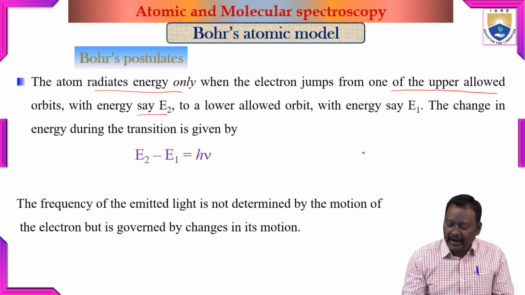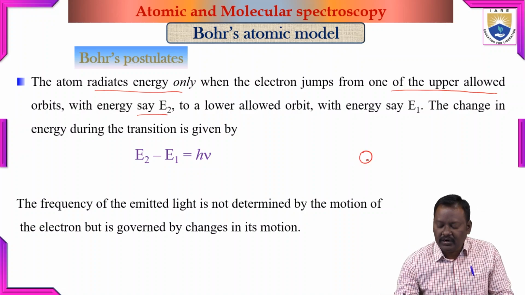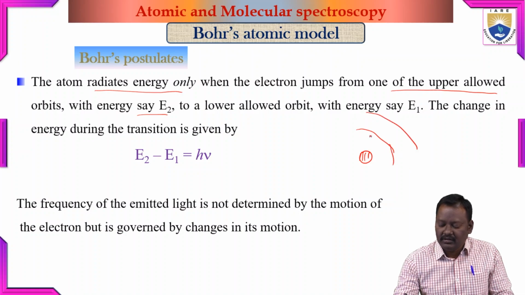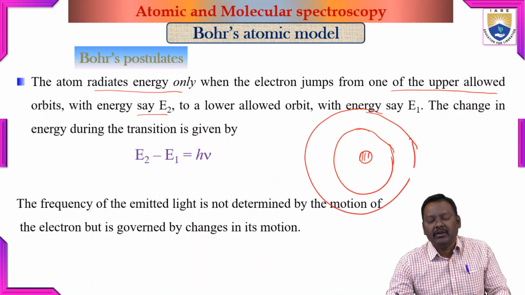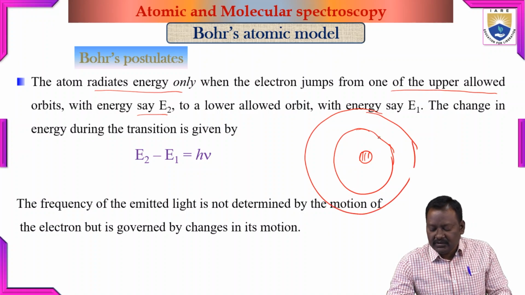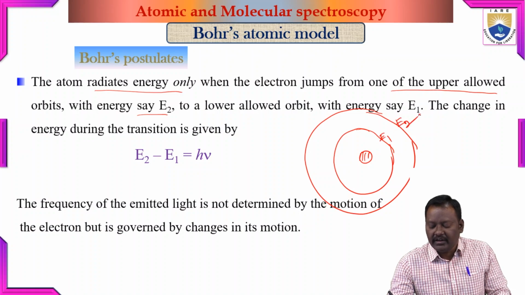For example, the atom has a nucleus at the center, and there are two energy states, two orbits, for a particular atom, let us say the energies of these states are E1 and E2.